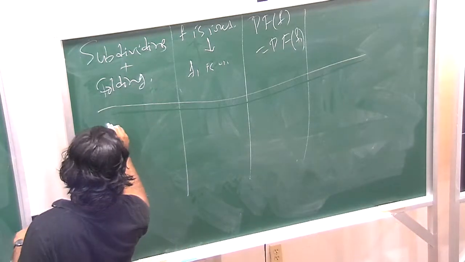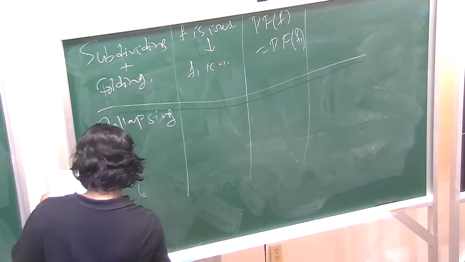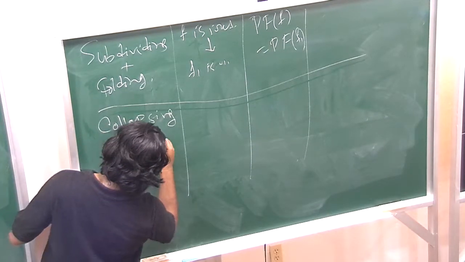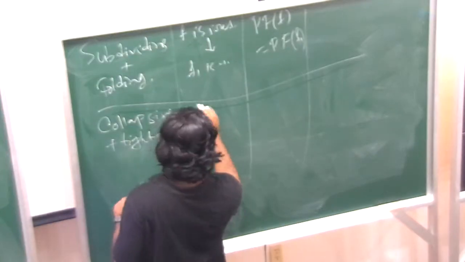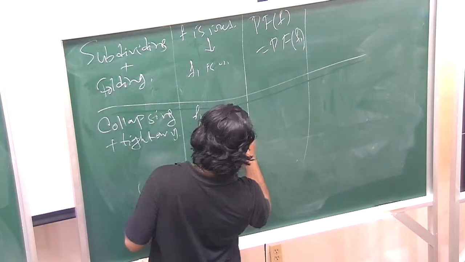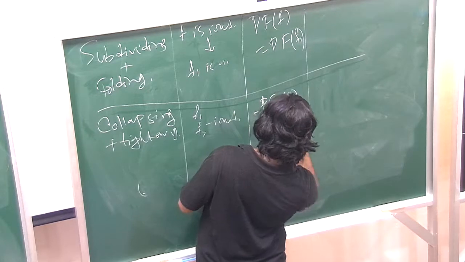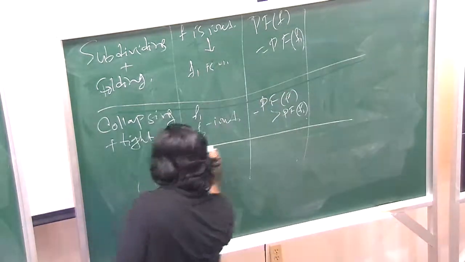If I perform collapsing plus tightening, then F1 and F2 are both irreducible. That implies PF of F is greater than PF of F1.